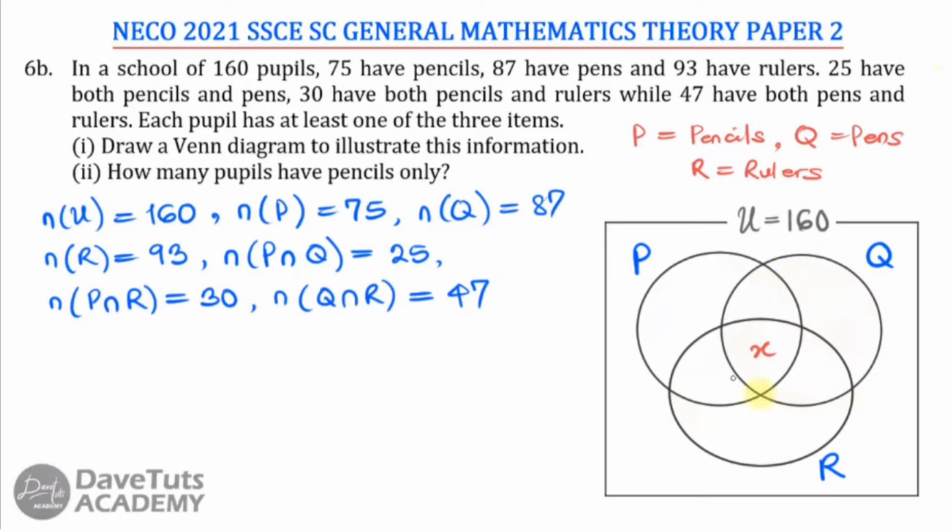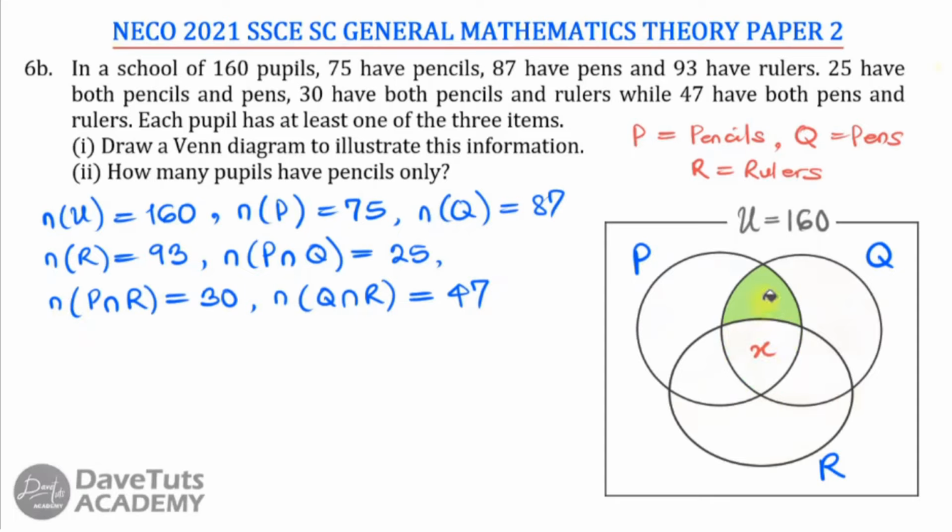Now let's look at the intersection of each one of them. In the first case, we want to look at the intersection of P and Q. You need to know that this region is P and Q, the part common to both P and Q here. But if you notice, we have already gotten X out.